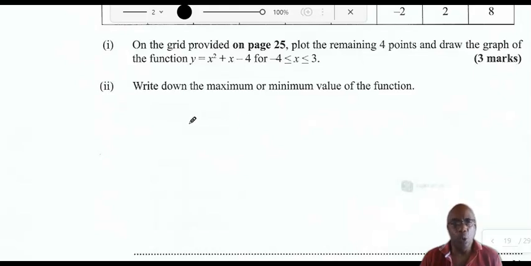And we have just shown that the minimum value is about -4.4, based on the graph I drew. It may not be entirely accurate. It could be -4.2, -4.3, or -4.5. But if you have anything close to this, then you should get the answer correctly.